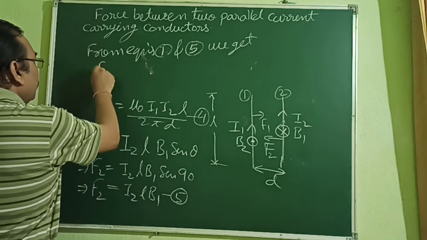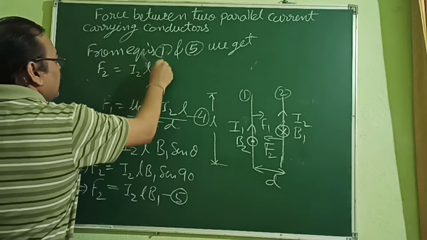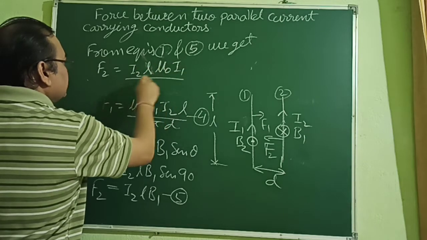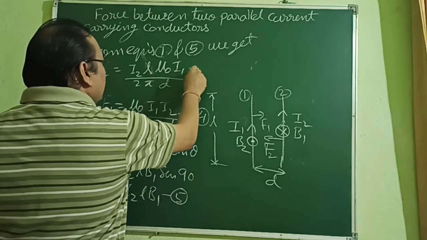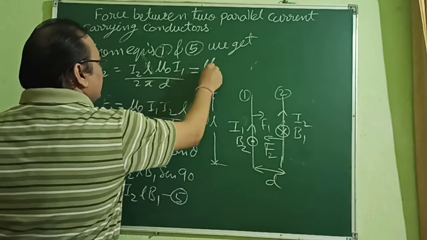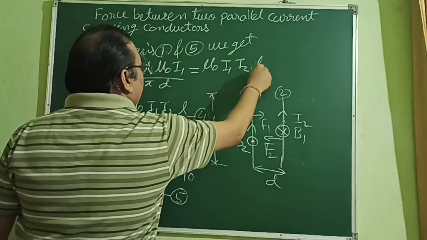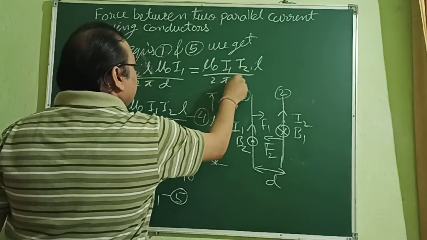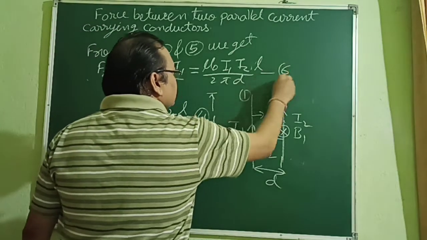We get F2 is equal to I2 L and then mu naught I1 upon 2 pi d. So what we finally see, we can rearrange it: mu naught I1 I2 L upon 2 pi d, that is our F2, and we can mark it equation number 6.